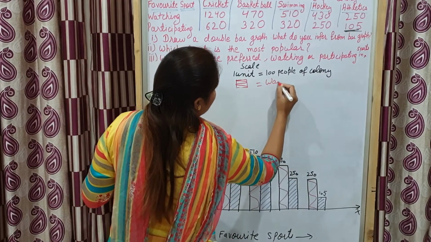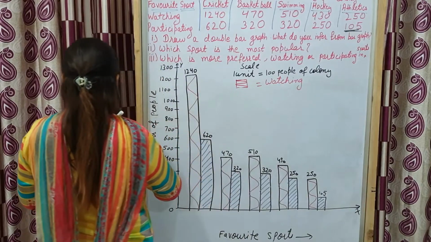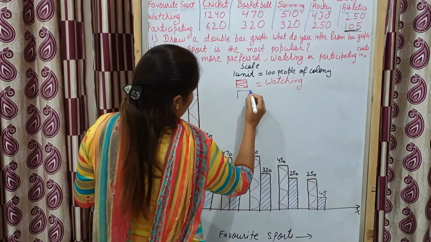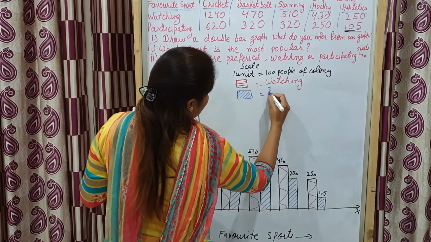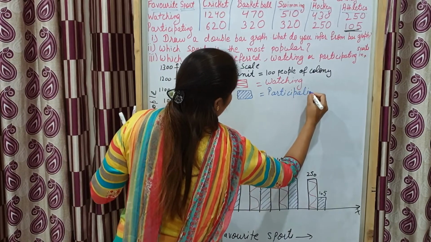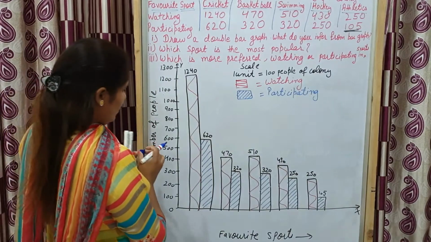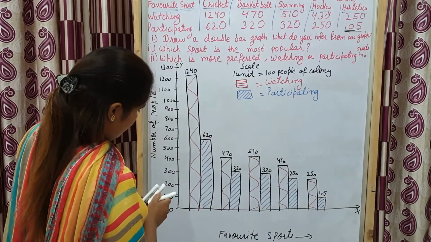That is watching. And participating, I take this, so that is participating. So students, this is your double bar graph. This one is left, so we have to write this also.